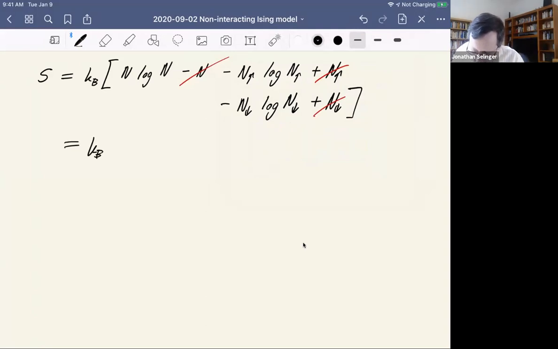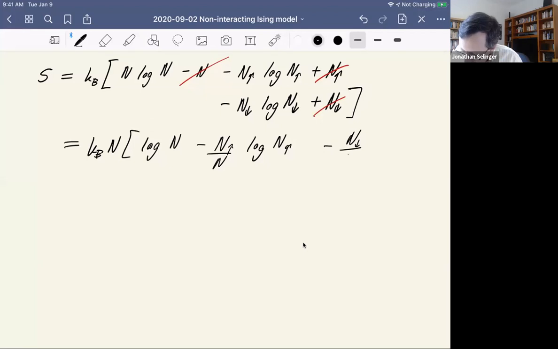So I'll say Boltzmann's constant times n, and then there's a log n minus n up over n log n up minus n down over n log n down.